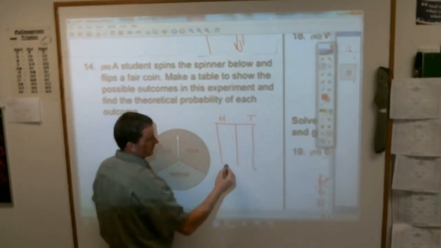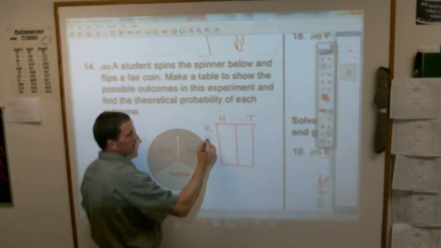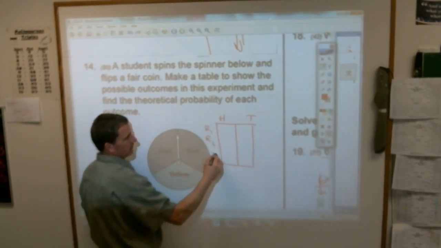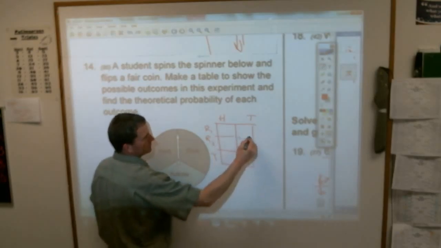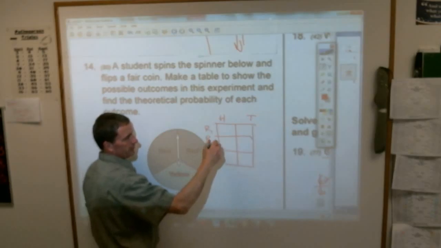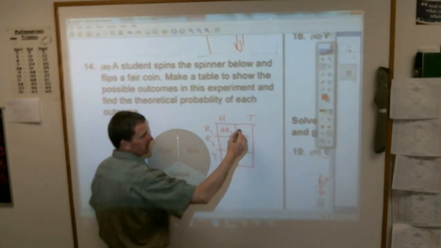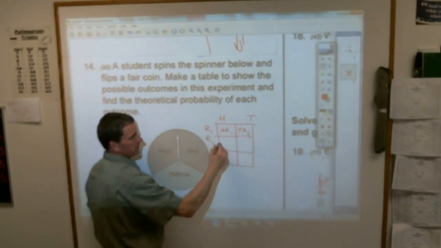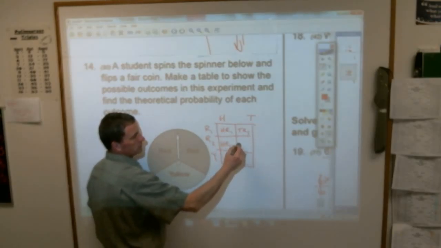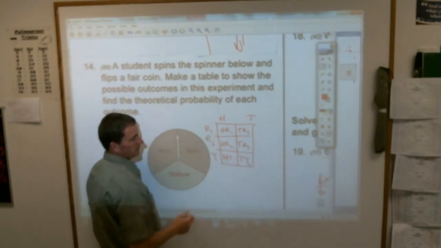And what were your other outcomes? You've got red 1, red 2, and a yellow. So this is the way to chart all your outcomes. You can have a head red 1, a tail red 1, a head red 2, a tail red 2, a head yellow, and a tail yellow.